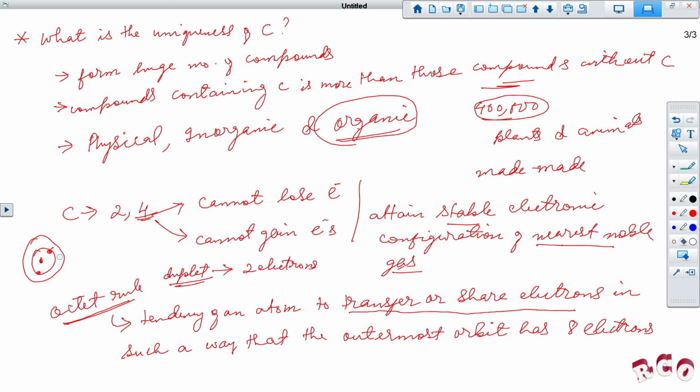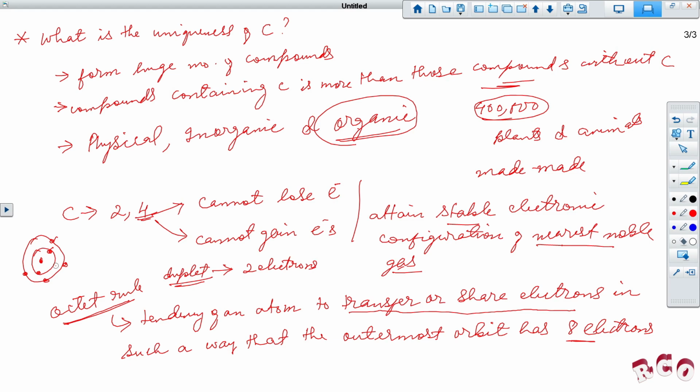But other elements will be stable only when the outermost orbit has 8 electrons. If it does not have 8 electrons in the outermost orbit, it will not be stable. So that is why they will be trying to form a bond. They feel: I am not stable, I need some more electrons in order to become 8.